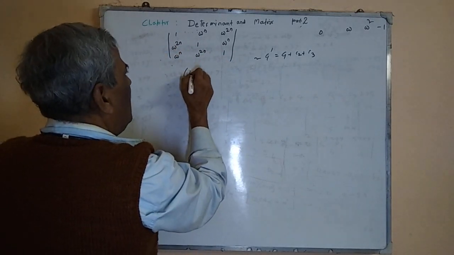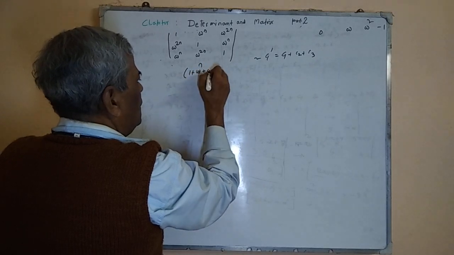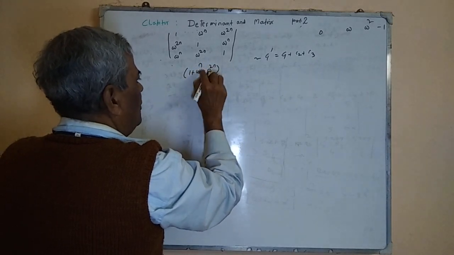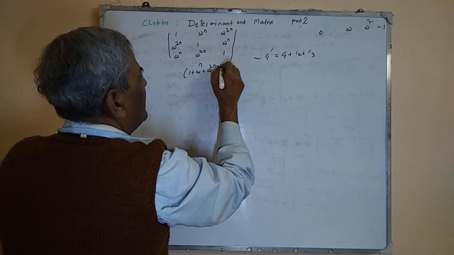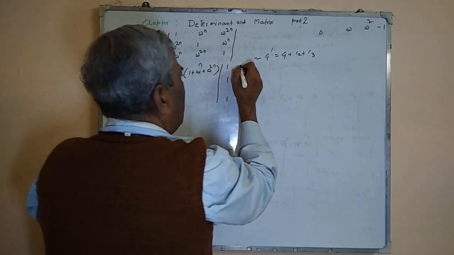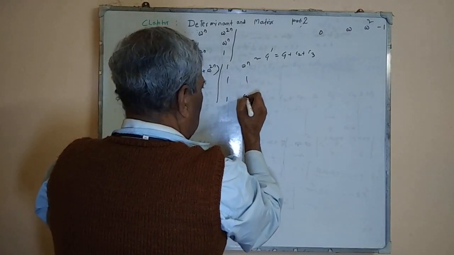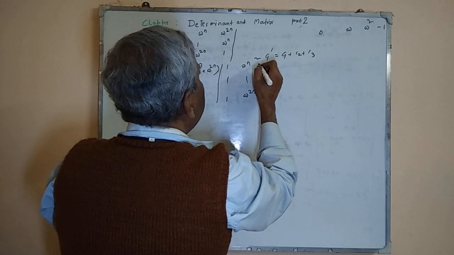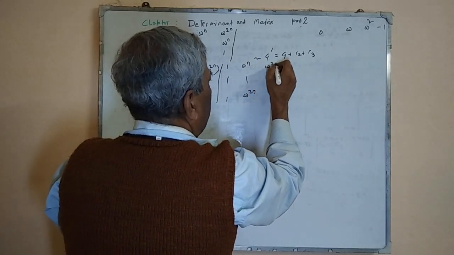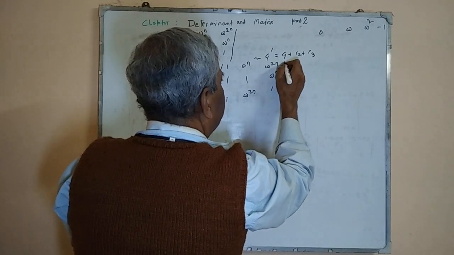So taking 1 plus omega to the power n plus omega to the power 2n common, we get the determinant 1, 1, 1; omega to the power n, 1, omega to the power 2n; omega to the power 2n, omega to the power n, 1.